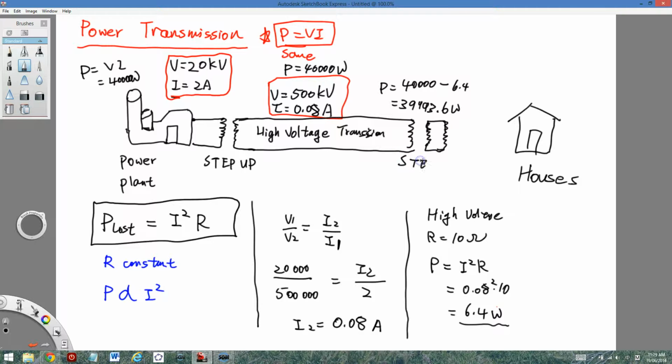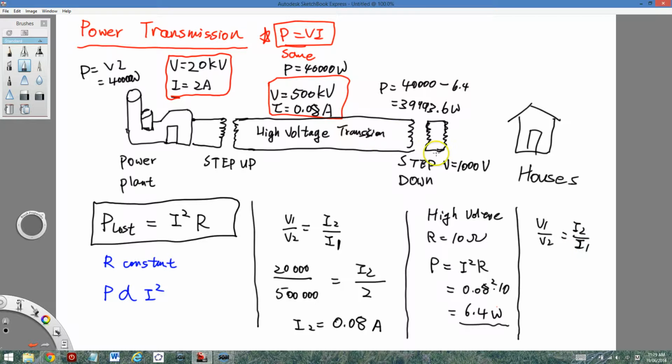So we step it down to maybe around, I just make those numbers up. So we step the voltage to say 1,000, 1,000 volt. Okay. Then if you do your math again, V1 on V2 equals I2 on I1.